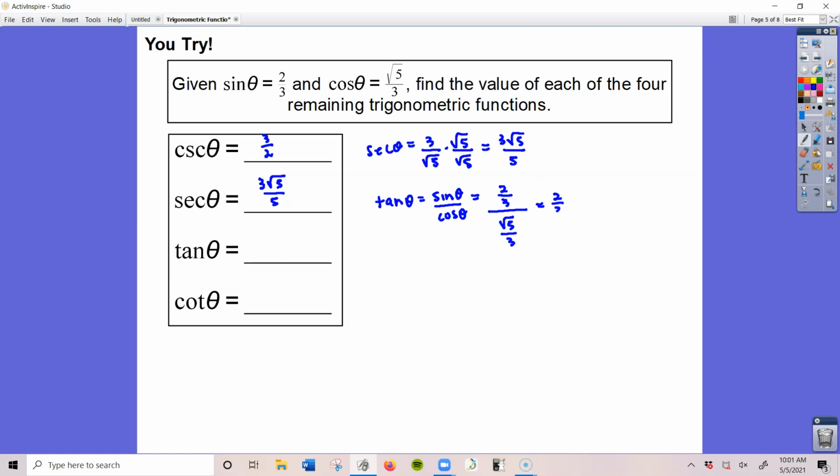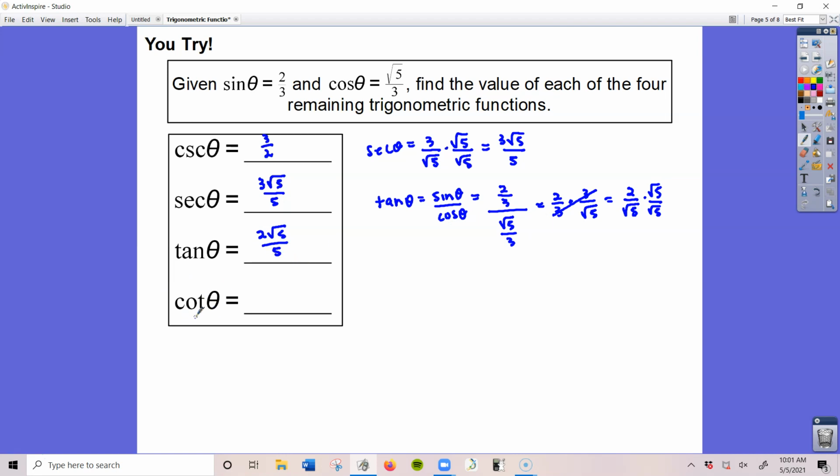So 2/3, change to multiplication, and flip: 3 over the square root of 5. The 3's would cancel, and I get 2 over the square root of 5, which then I would have to rationalize. And that would give me a final answer for tangent of 2 square root of 5 over 5.